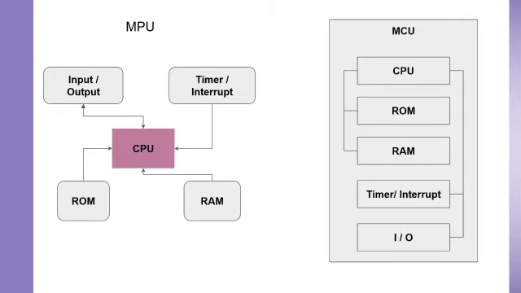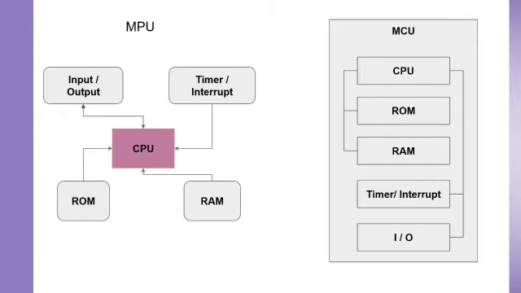Difference between microprocessor and microcontroller unit. First, we are going to see the applications. Microprocessors are used for gaming, web browsing, document creation, etc. At the same time, the microcontroller is dedicated to doing a specific task.